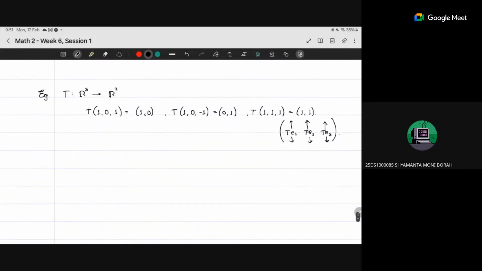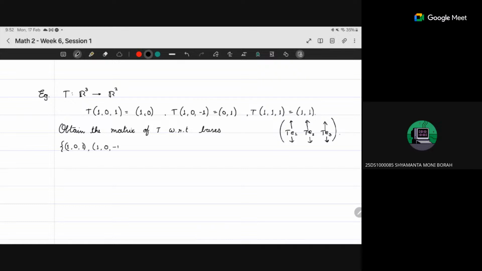Now in this case, I want to obtain the matrix of T with respect to the basis 1, 0, 1. This is a basis.